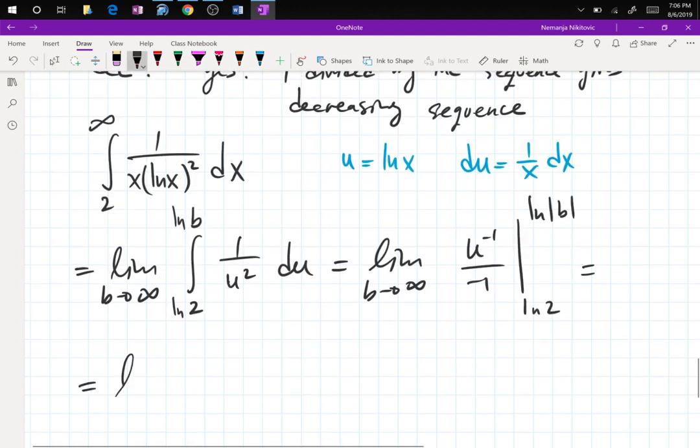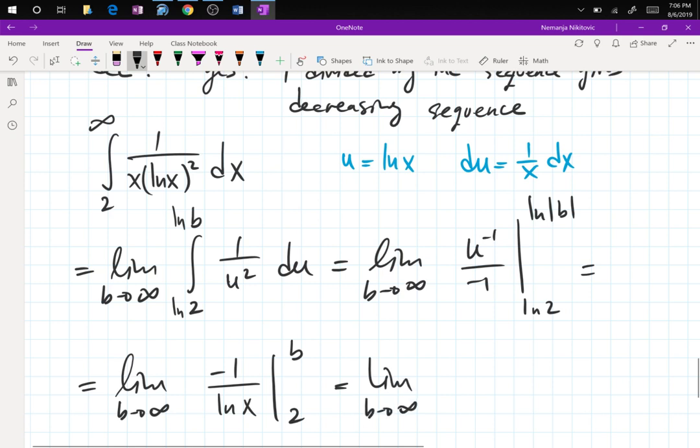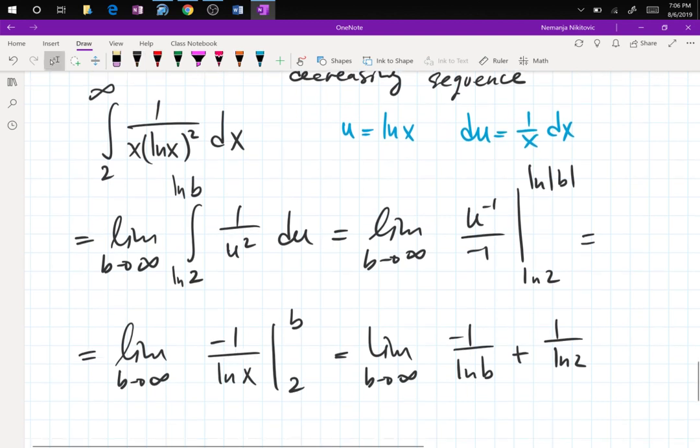Now go back to x values so we can use negative 1 over ln x from 2 to b, which is limit b goes to infinity of negative 1 over ln b, minus and minus gives me plus 1 over ln 2. ln of infinity is infinity, 1 over infinity is 0.